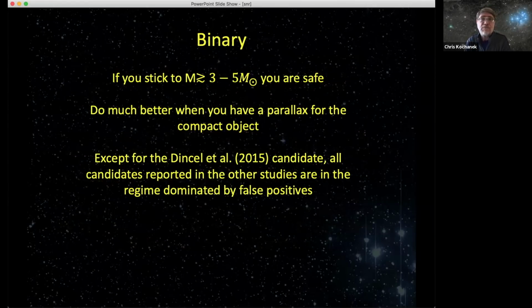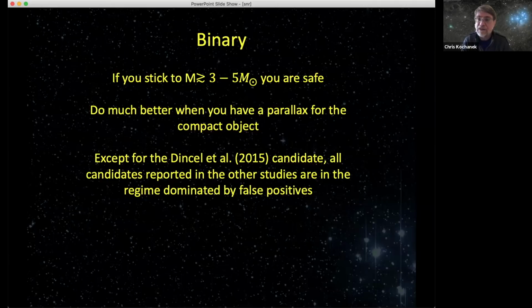The bottom line of the false positives is if you look for low enough mass, meaning low enough luminosity, meaning more stars, every supernova remnant is always dominated by false positives. And that was basically what's happening with most of the reported candidates in those other papers. These supernova remnants are close enough that you can see all the way down to M dwarfs, and by the time you get to those very low mass stars, you will eventually find a star which can have the kinematics to produce an intersection.